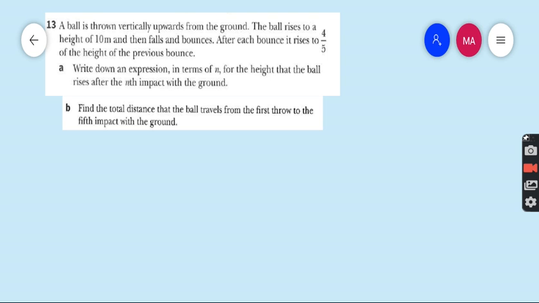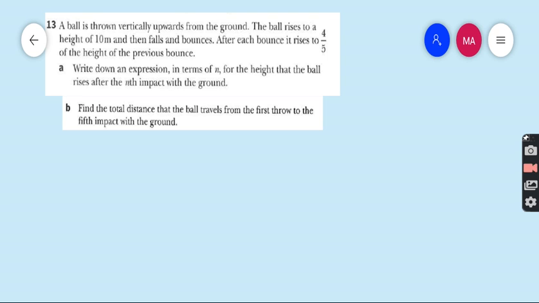Part A. Write down an expression in terms of n for the height that the ball rises after the nth impact with the ground. Part B. Find the total distance that the ball travels from the first throw to the fifth impact with the ground. So this is the word problem, or you can say application of geometric series as well as geometric sequence.